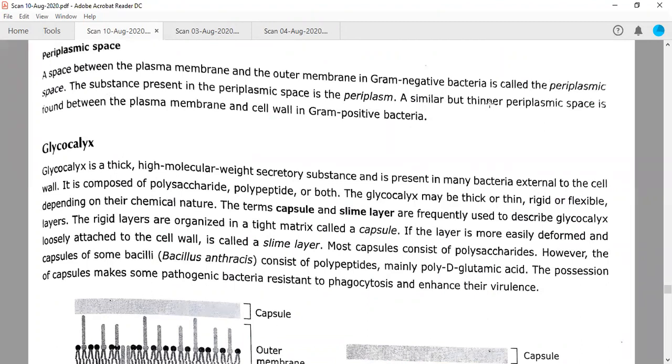A smaller, thinner periplasmic space is found between the plasma membrane and the cell wall in gram-positive bacteria. So the overall take-home message is that gram-positive bacteria have a small, thinner periplasmic space, whereas gram-negative bacteria have a more pronounced periplasmic space. So periplasm content will be more in gram-negative bacteria.